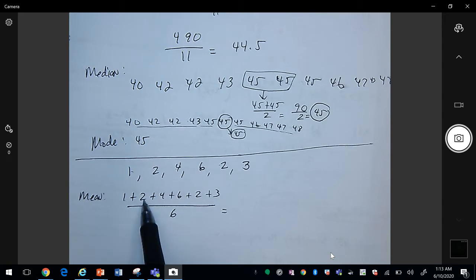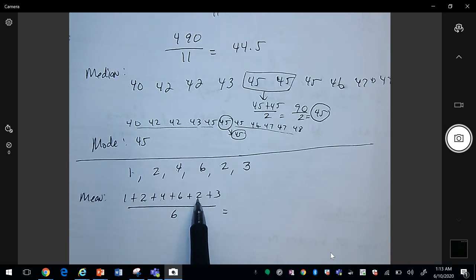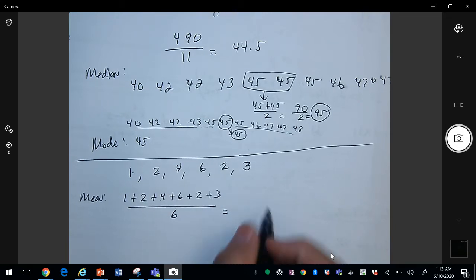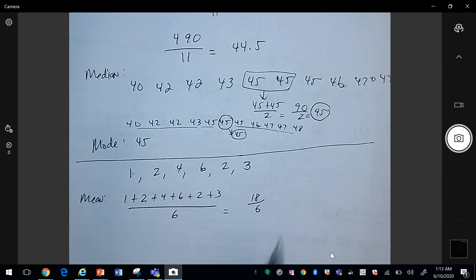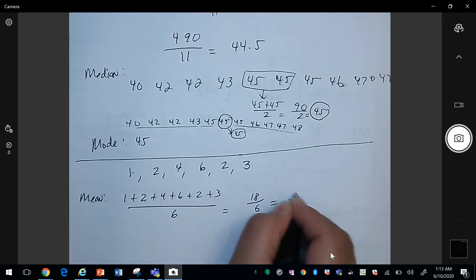So 1 plus 2 is 3, 3 plus 4 is 7, 7 plus 6 is 13, 13 plus 2 is 15, 16, 17, 18, divided by 6. And 18 divided by 6 is equal to 3.